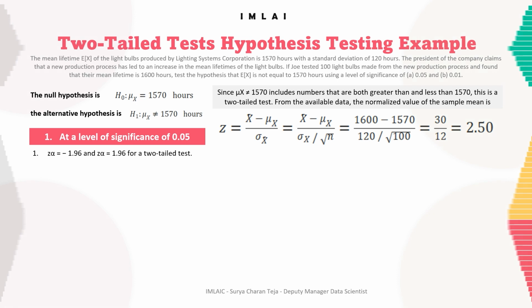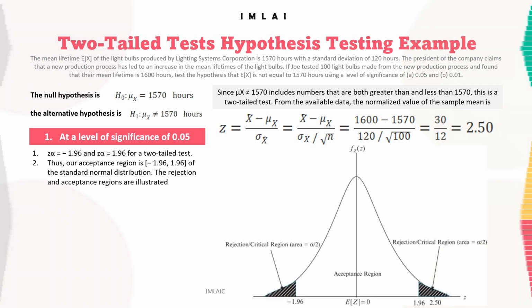These are the two zones. Let's plot it. This is the standard normal curve, or z distribution, and here you see the left side, left of minus 1.96, and the right side, right of 1.96.